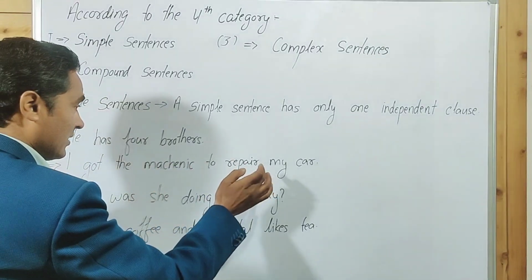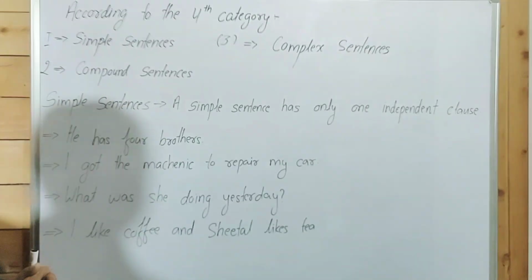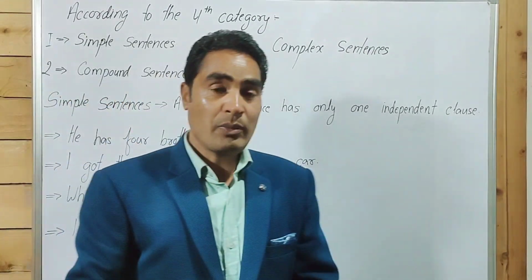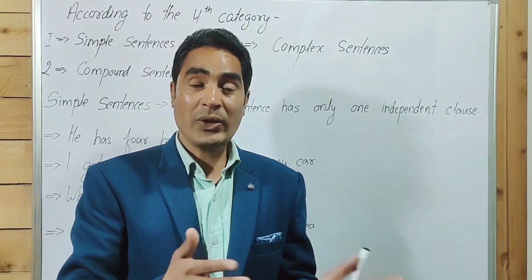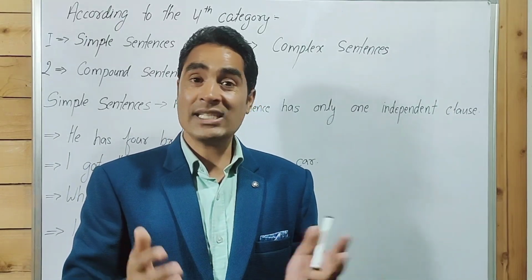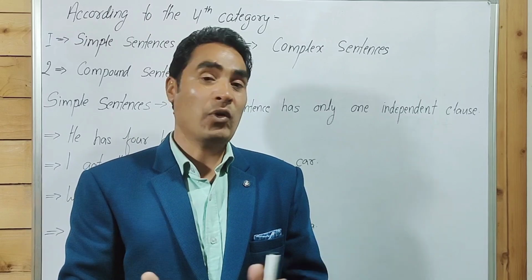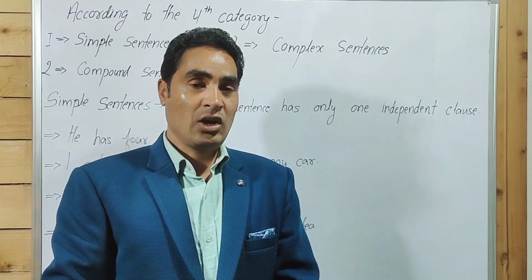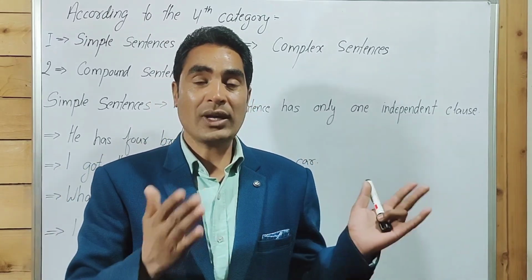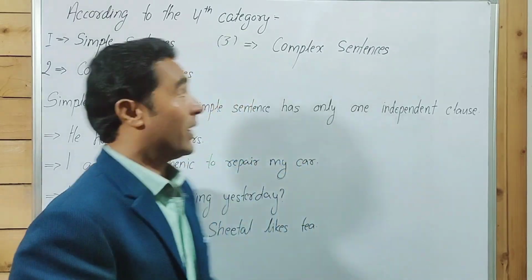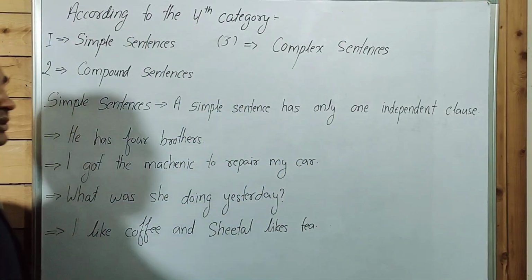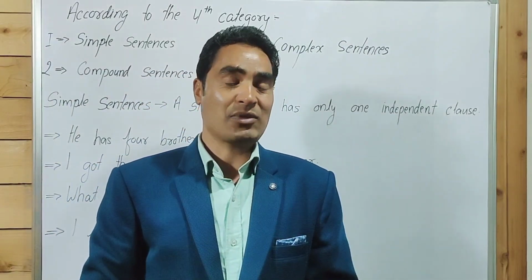This is a simple sentence. So my dear friends, don't be confused between the simple sentences of the third category and the fourth category. Both are different. According to the third category, we have 7 types of sentences, whereas according to the fourth category, we have 3 types of sentences.